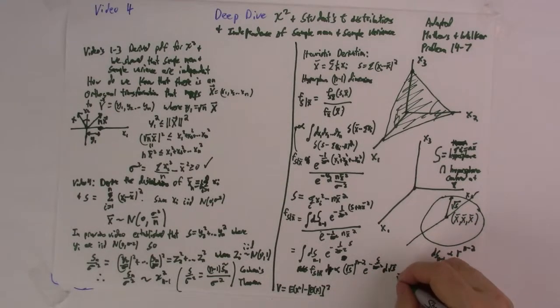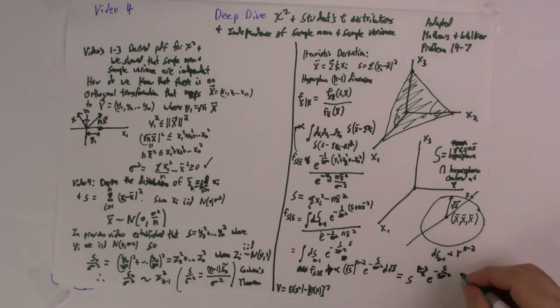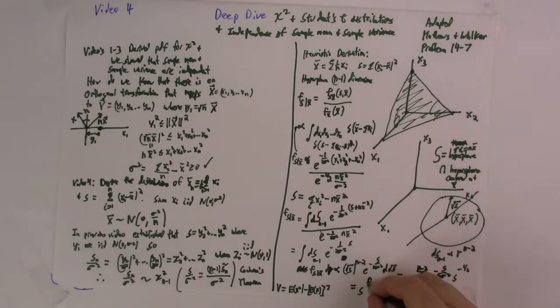So this is equal to s to the n minus 2 over 2 times e to the minus s over 2 sigma squared, and then s to the minus 1/2, which is equal to s to the n over 2 minus 3/2, because we have minus 1 minus 1/2, times e to the minus s over 2 sigma squared.